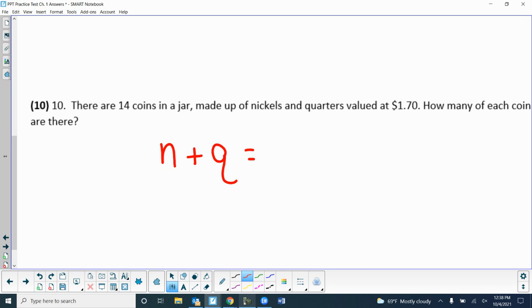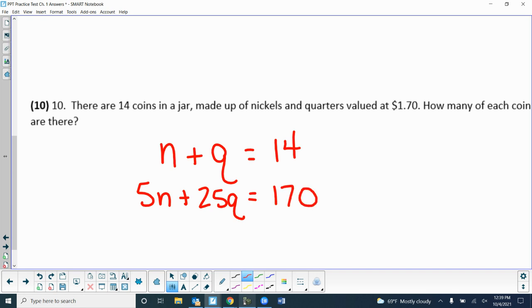So again, they'll give you a number of coins or whatever it is. So it's just number of nickels plus number of quarters is equal to 14. Remember, nickels have a 5-cent value and a quarter has a 25-cent value, and the total value of our money that we have is $1.70.